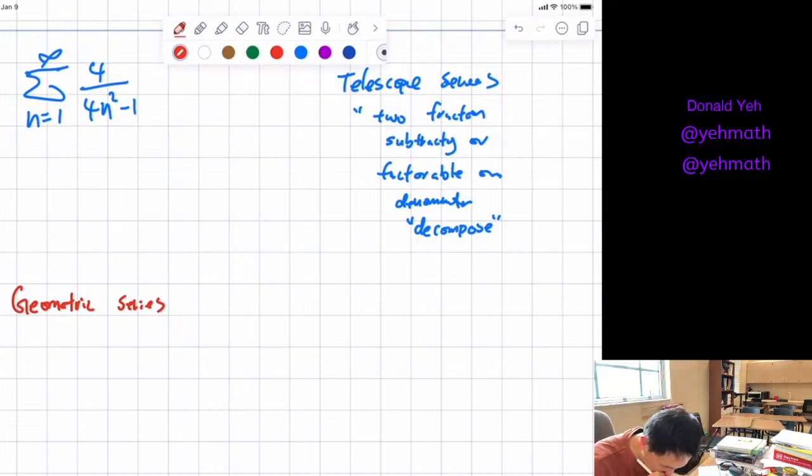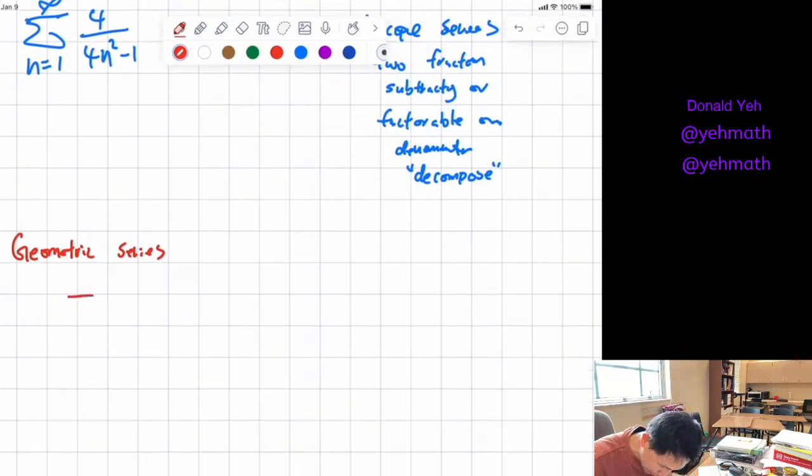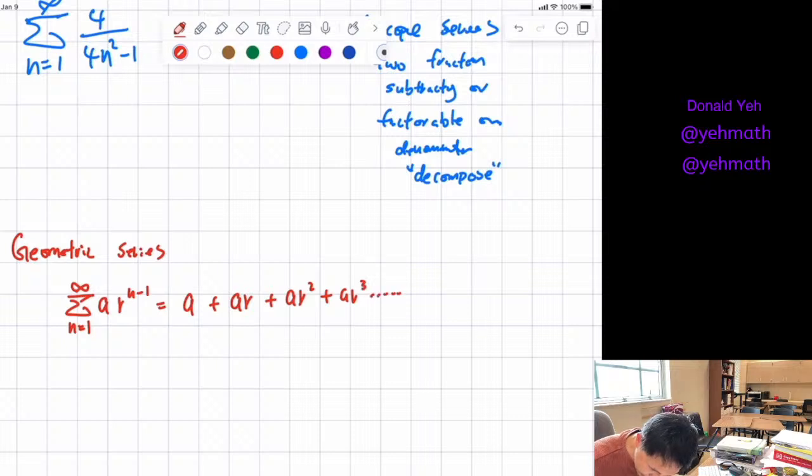So let's just talk about the sum from n equal to 1 to infinity of a r to the n minus 1. This one is going to be a plus a r plus a r squared plus a r to the third, up to a r to the n minus 1. This is very, very well known.